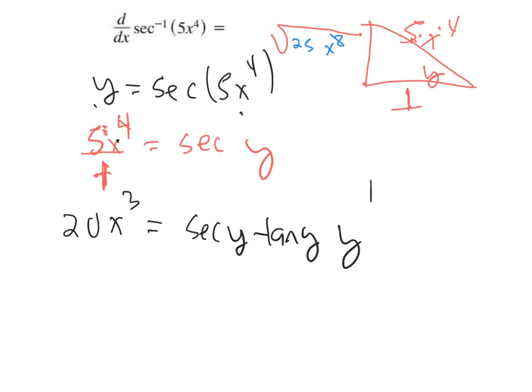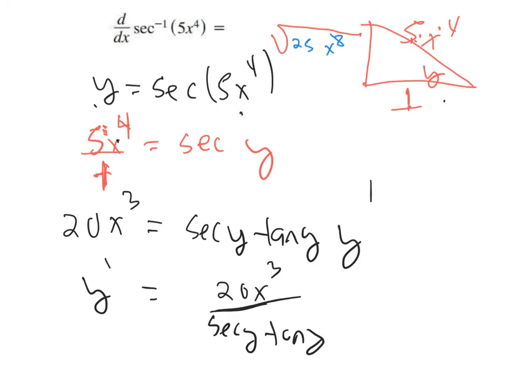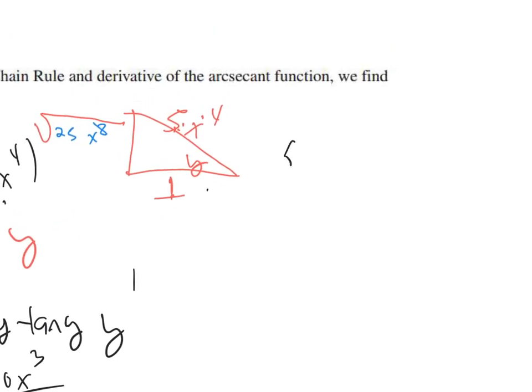Go back to my triangle and realize I have to solve this for y prime. y prime is 20x cubed over secant of y tangent of y. So let's go up here and ask, what is secant of y? Hypotenuse over adjacent, 5x to the 4th.